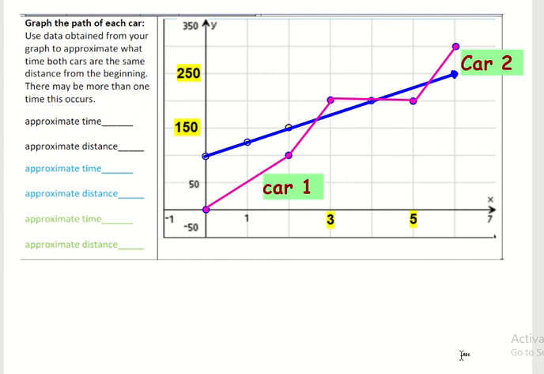So we'll say 2.5, and it looks like more than a half. So I'm going to say 2.57. Because again, this is approximate. It doesn't have to be exact. And what is our distance at that point? It's more than 150 miles, but it's nowhere near 200. So let's say 160 miles.